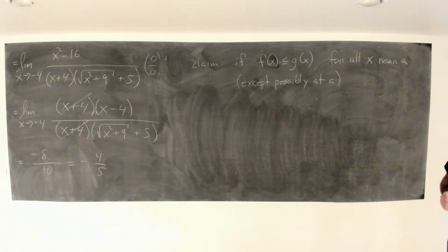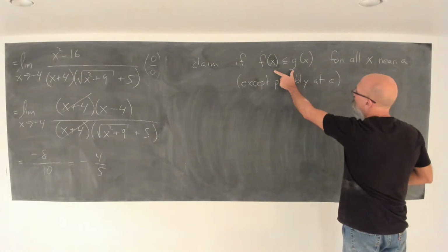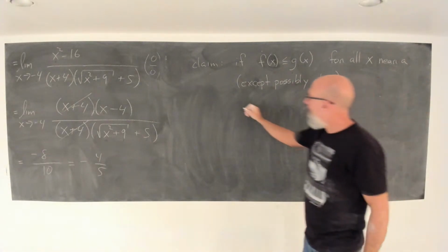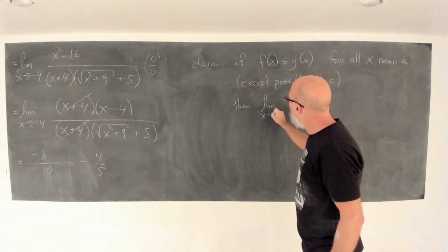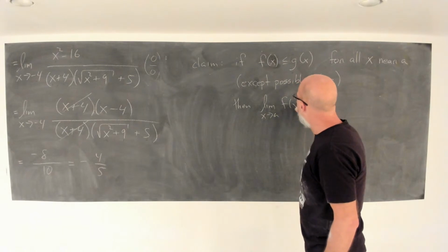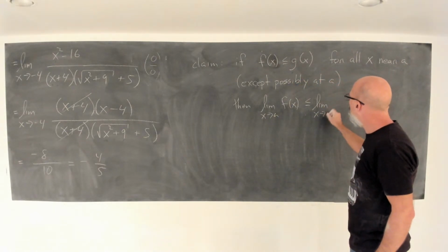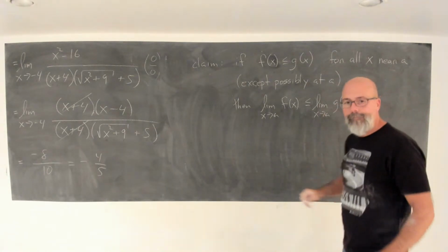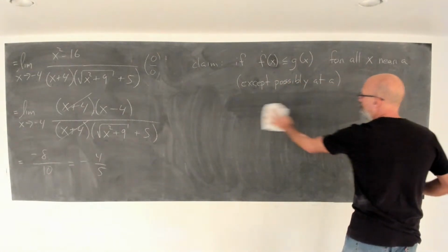If you have two functions which follow this inequality for all x near a, except possibly at a, then the limits will follow the inequality as well. I'm jumping the gun here.